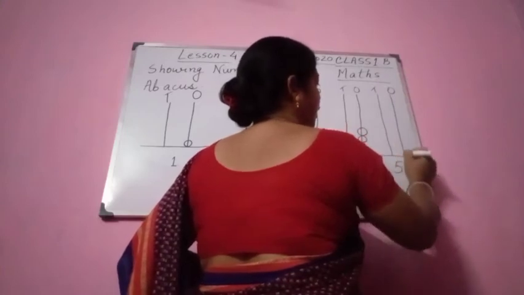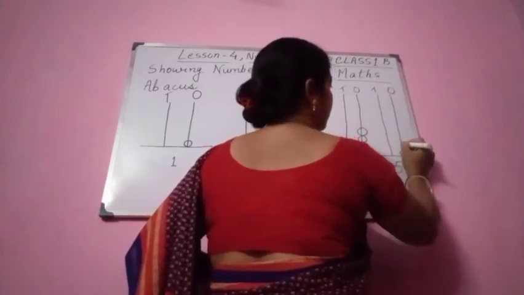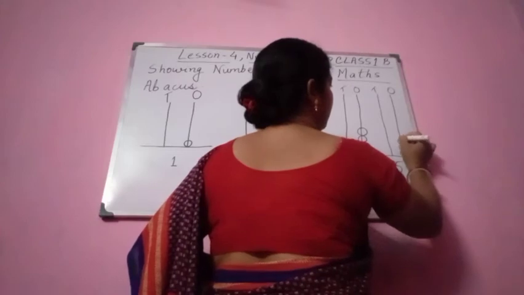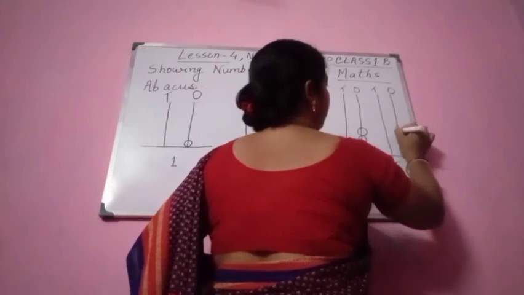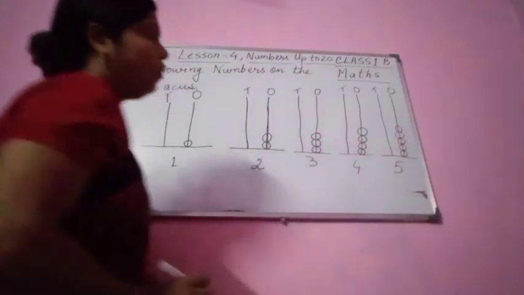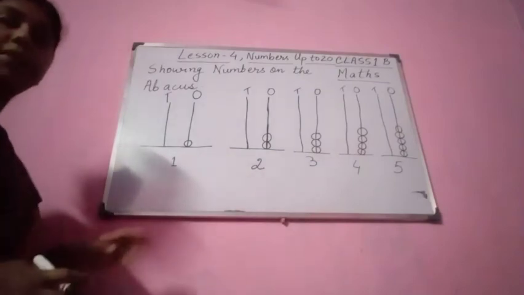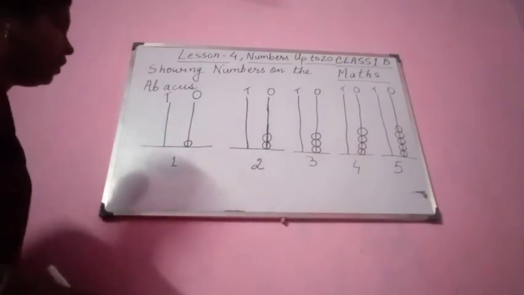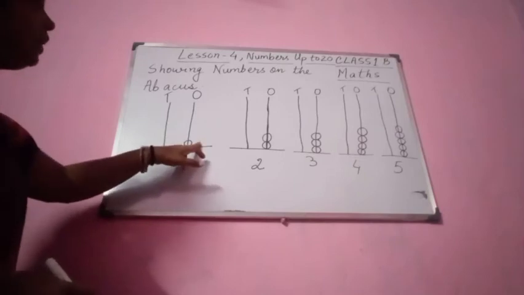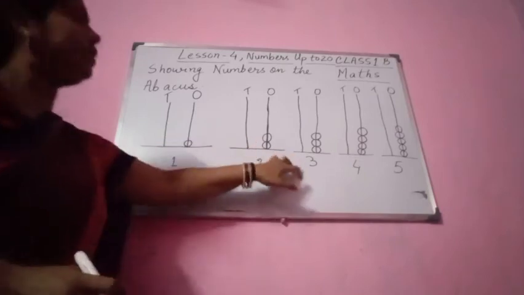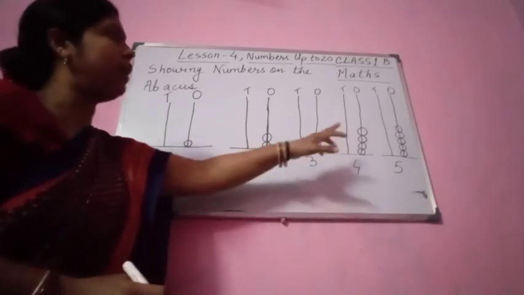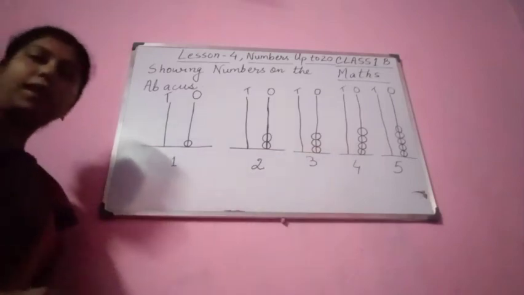So 5 you show here: 1, 2, 3, 4, 5. I have represented till 5. One bead, two beads, three beads, four beads, five beads. So I have shown it on the abacus.